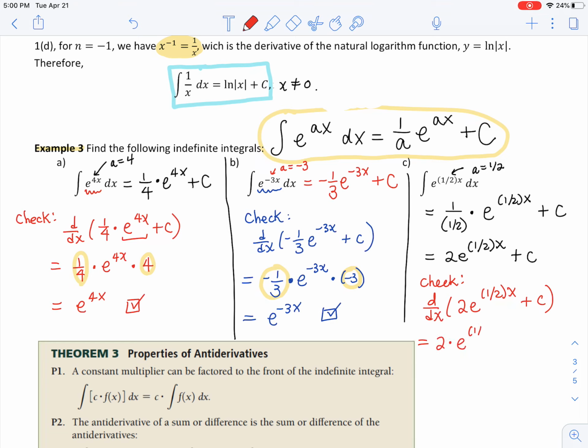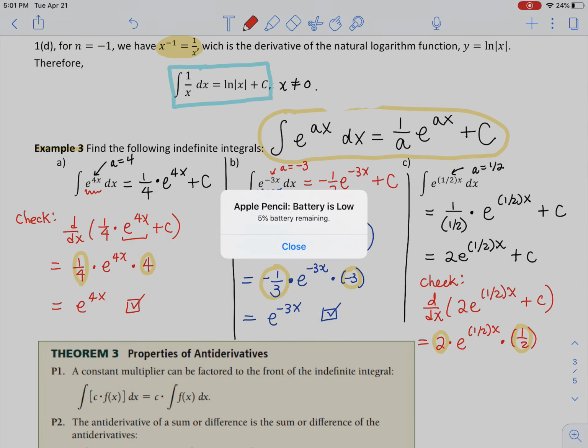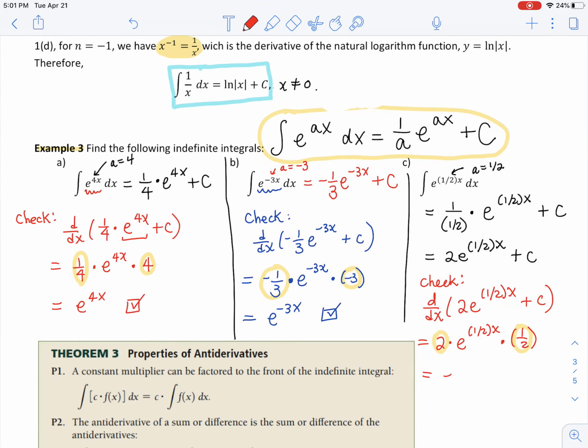So what I'm going to do is check this by finding the derivative of 2 times e to the 1/2 times x plus c. That's going to be 2 times e to the 1/2 times x, times the derivative of half x, which is just half. And plus c will turn into plus 0. As you can see, if you multiply this 2 by 1/2, they turn into 1.